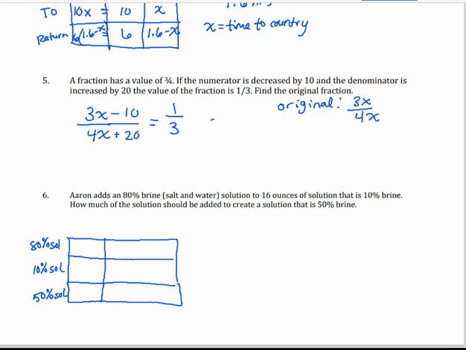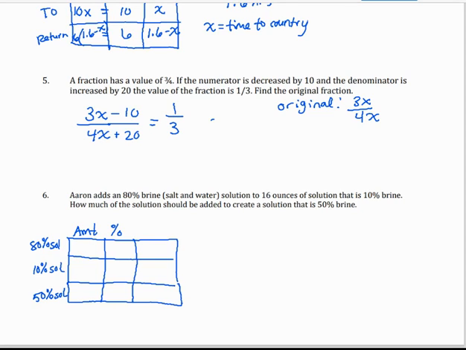Okay, the next thing you're going to have can vary. In this case, we're going to have the amounts. After that, we'll have our percents. And then this is going to represent the amount of pure brine. Okay, I'm going to leave that blank right now because that's going to differ. But our first column again will be our amounts.